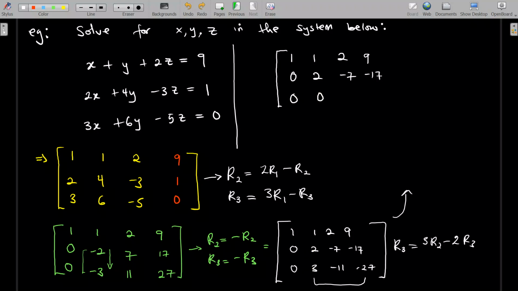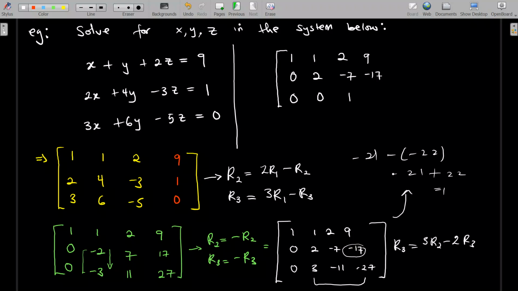Now 3 times -7 is -21, right? Then minus 2 times 11, that is -22, and that's going to give me -21 plus 22. I don't know if that's right, but I think it should be. Yeah. So that's going to give me 1. So I'm going to have 1 here, and then on the other hand, 3 times -17 minus 2 times -27.